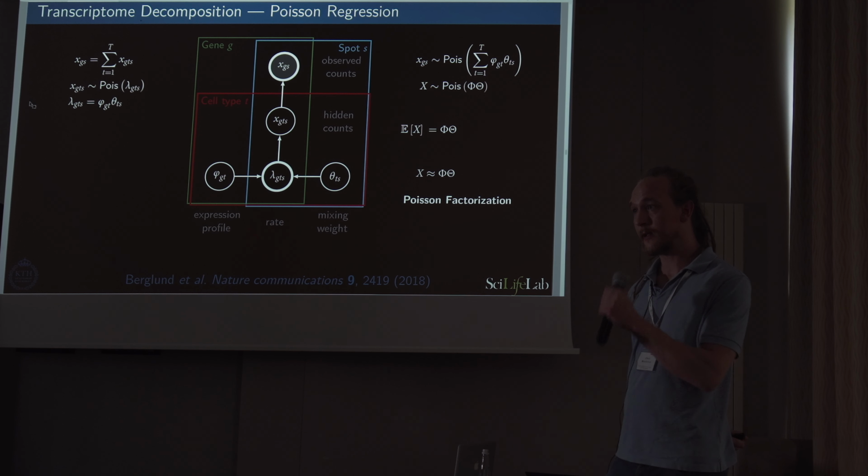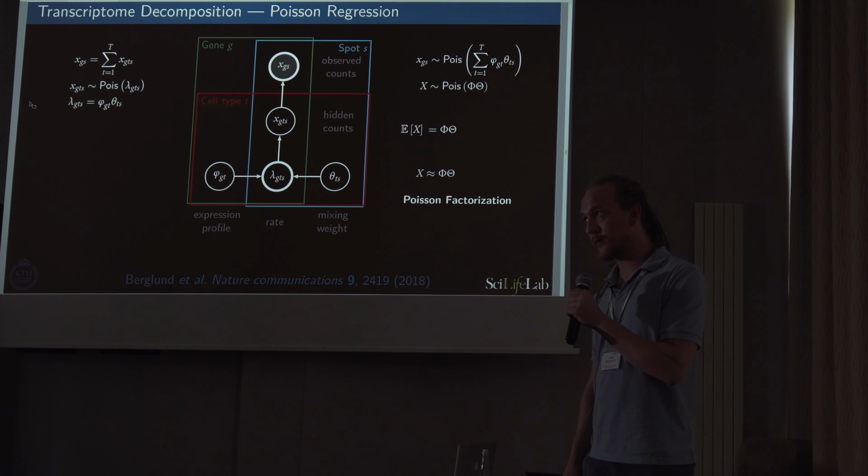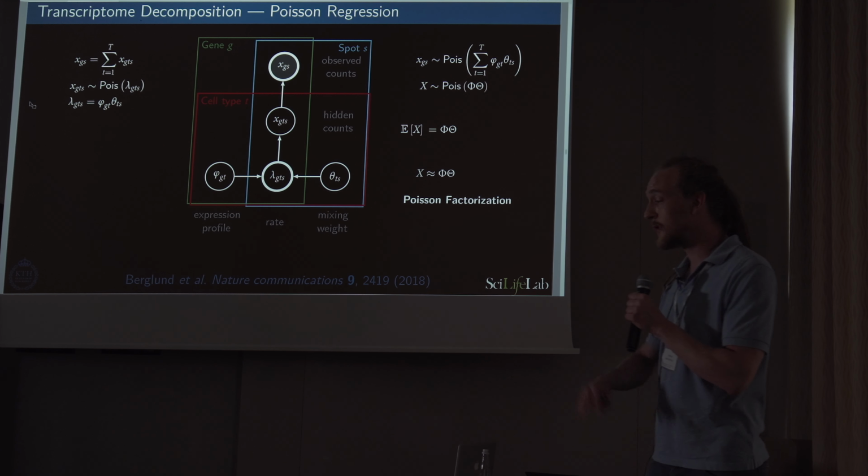So 50%, precisely. And you will be getting this from the mixing weights. But then they also incorporate this error, right? As you said, so they're not exactly the true abundance of the cell types.